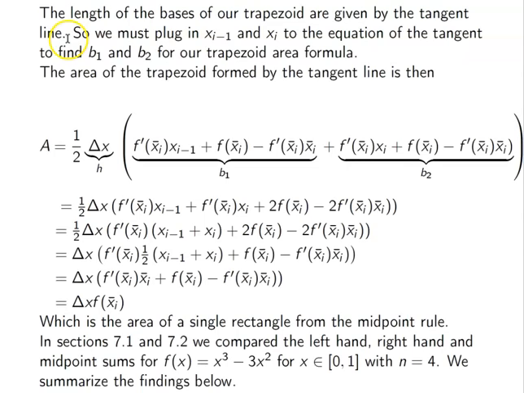Okay, so let's summarize what we had before from those beginning sections. Again, you can go back and check and verify. My left hand sum for that 4 rectangle approximation was negative 0.515625. My right hand sum was negative 1.015625, so it was an under approximation. My midpoint rule gave me this as the value.